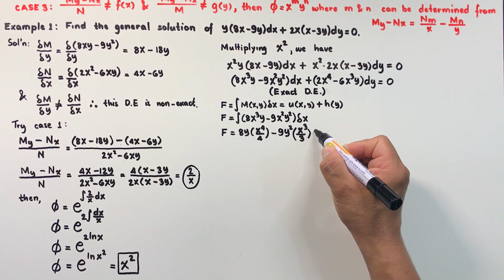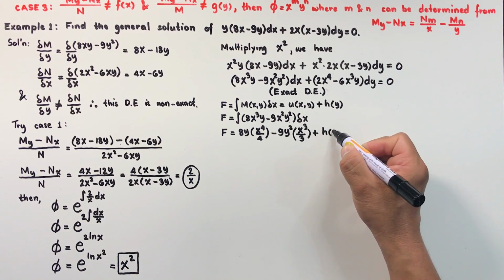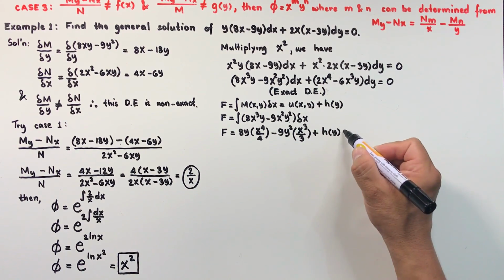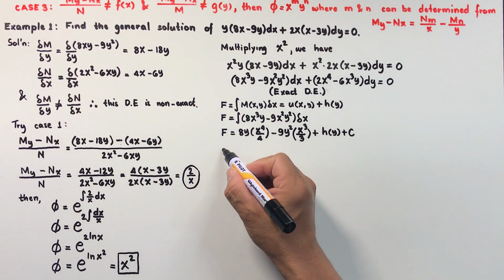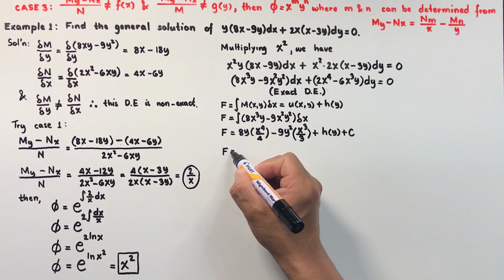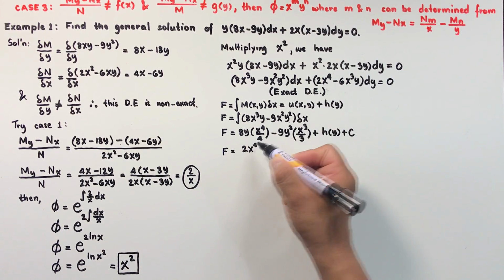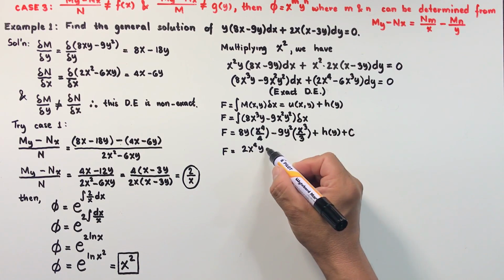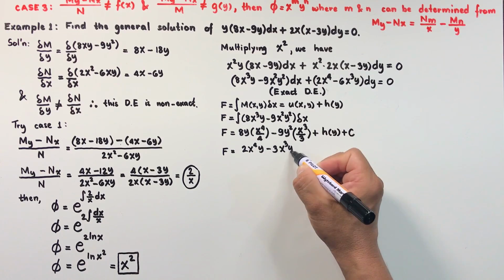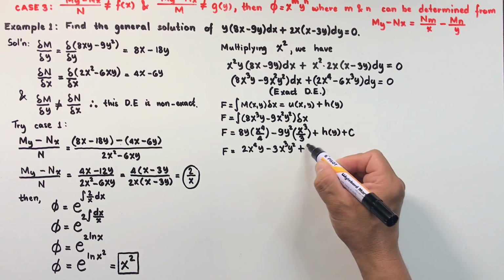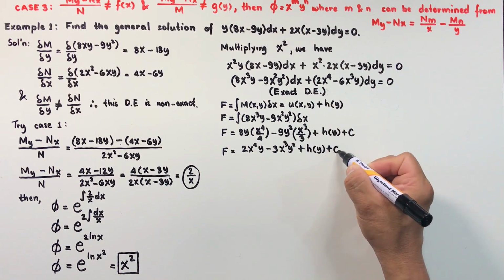And this will be added to some function in terms of y, if there is any, plus the constant of integration c. So our f is equal to 2x to the power of 4 times y minus 3x cubed y squared plus our h of y plus the constant of integration c.